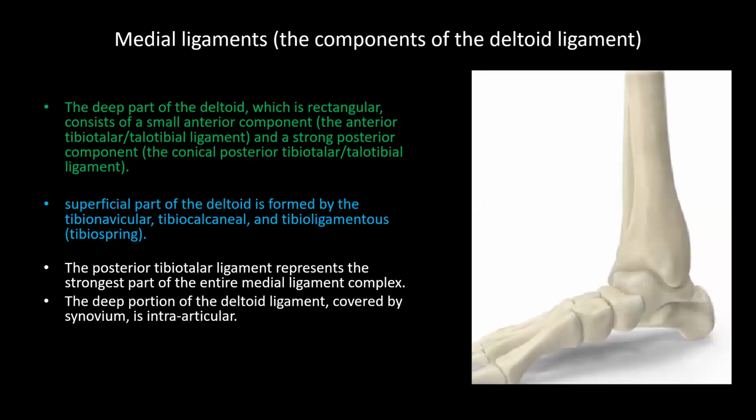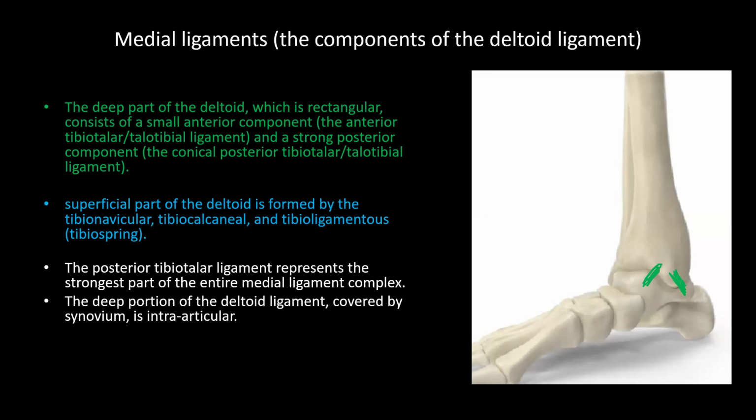The medial ligamentous complex is quite complex, as the name indicates, because it has superficial and deep components. The deep part of the deltoid, which is rectangular, consists of a small anterior component, that is the anterior tibiotalar component because it connects the tibia with the talus, and a strong posterior component, that is the posterior tibiotalar component, because again it connects the tibia with the talus.